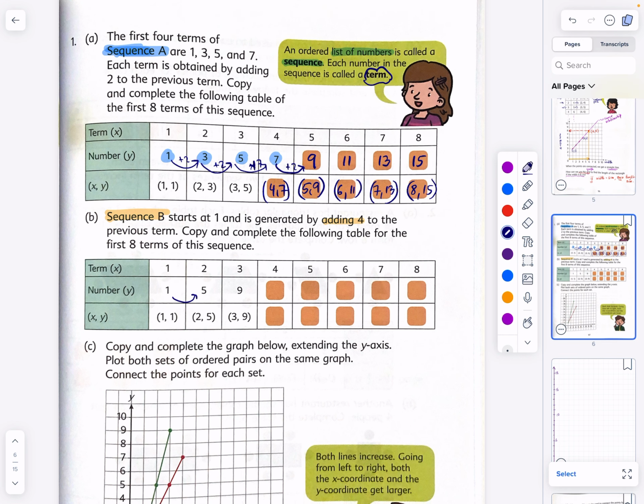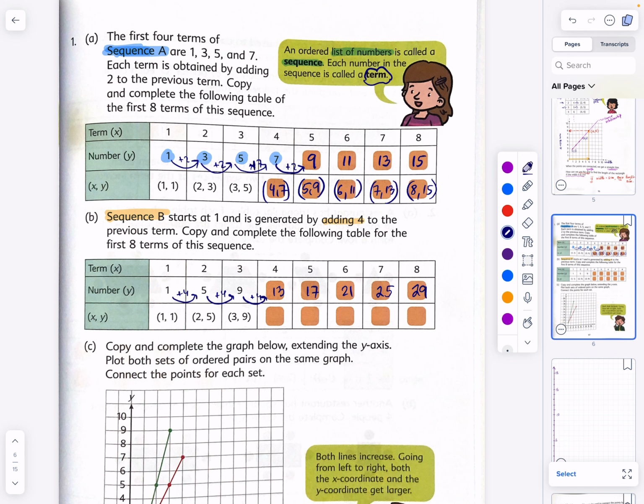Every time, plus 4, and so on, plus 4. So 9 plus 4, 13 plus 4 more, 17, plus 4 more, 21, plus 4 more, 25, plus 4 more, 29.